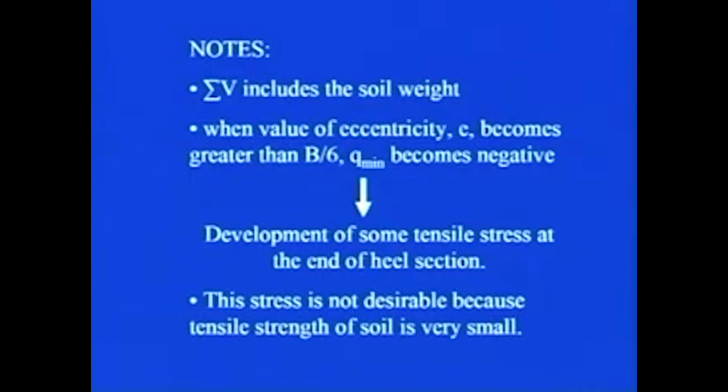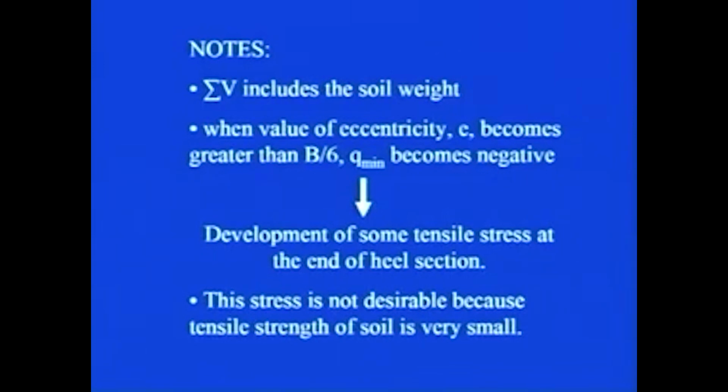You must always remember that summation V, which was there in that particular table, as I explained in the last class, includes the soil weight also. Now, we have found out the value of eccentricity.